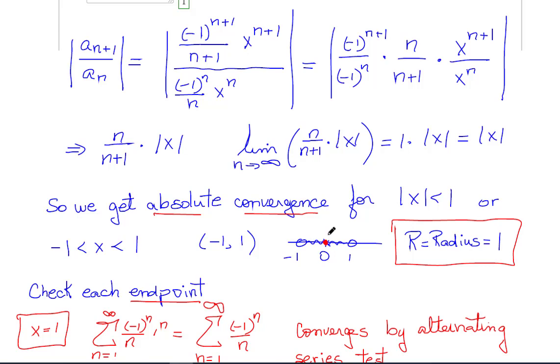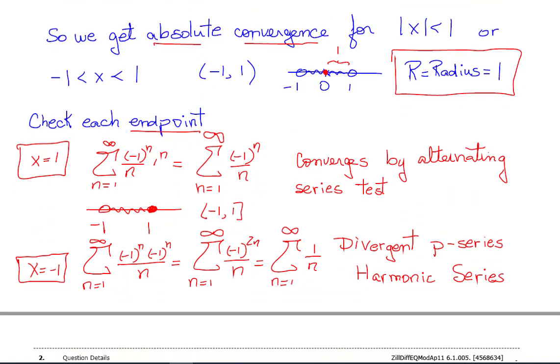So the radius of convergence here is 1. Now, with this technique, it will give me the radius of convergence and where. But often, I need to check each endpoint to see if it works or not.